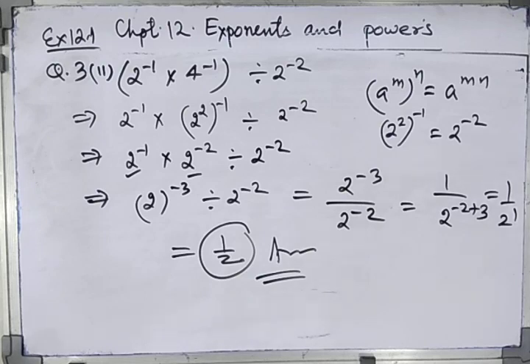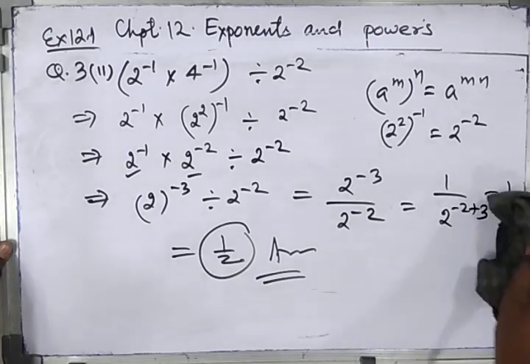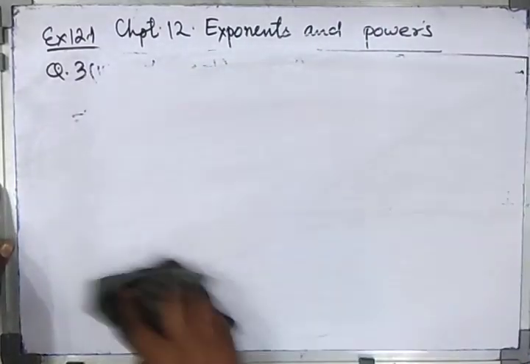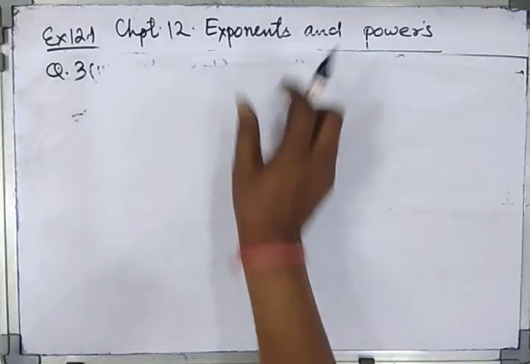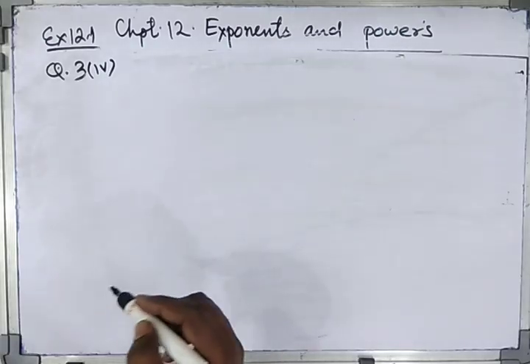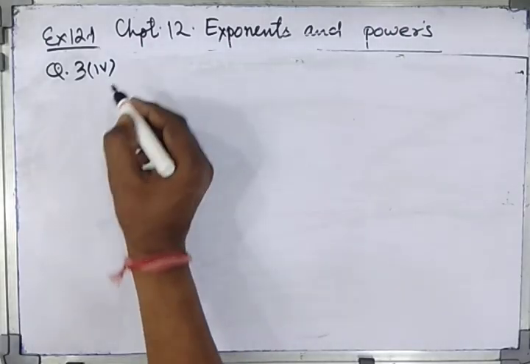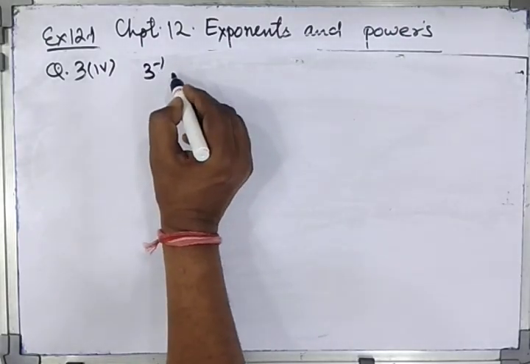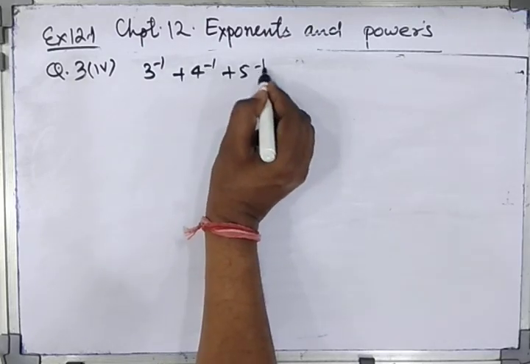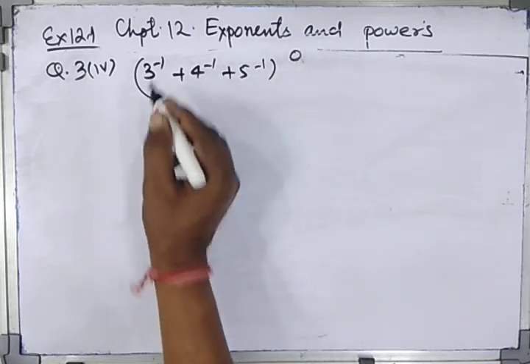Next, student, fourth one in question number 3. So, fourth one, students: (3 raised to minus 1 plus 4 raised to minus 1 plus 5 raised to minus 1) raised to 0.